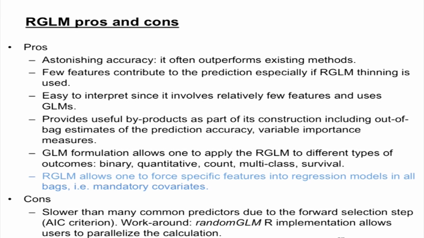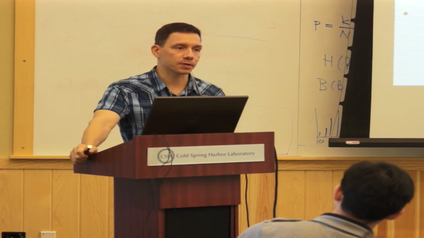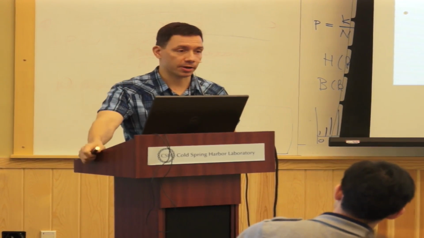Another very noteworthy advantage, which I didn't mention, is the following. It allows you to force particular variables into the model. We call these mandatory covariates. What do I mean by that? Imagine you want to predict lung disease. There's something called COPD, chronic obstructive pulmonary disease.